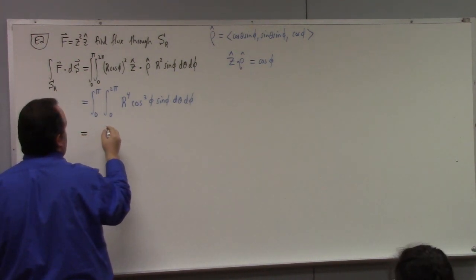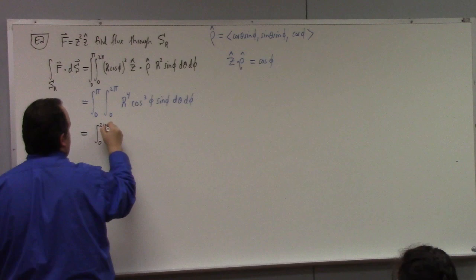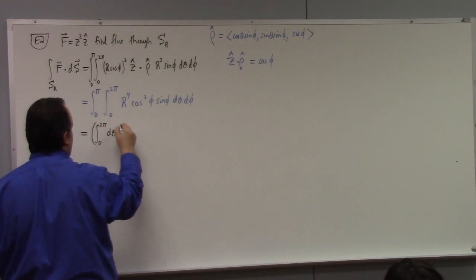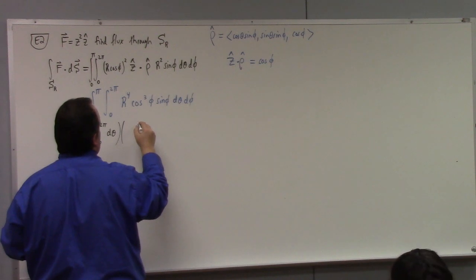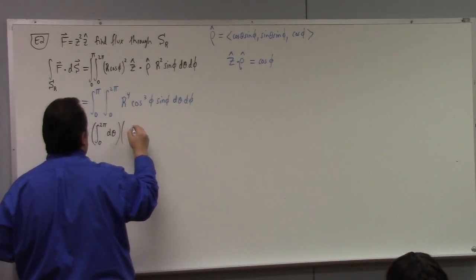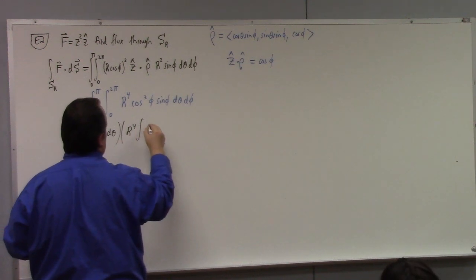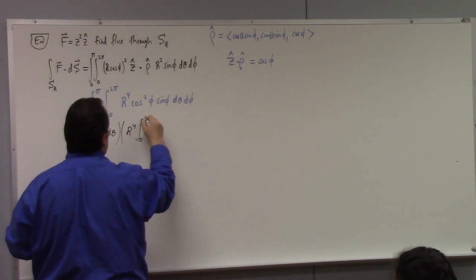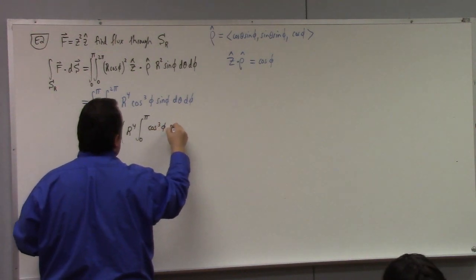So what's that work out to? Apparently, the integral from 0 to 2 pi d theta, and then we've got r to the 4th, I'll pull that out, integrating over 0 to pi cosine cubed phi sine phi d phi.